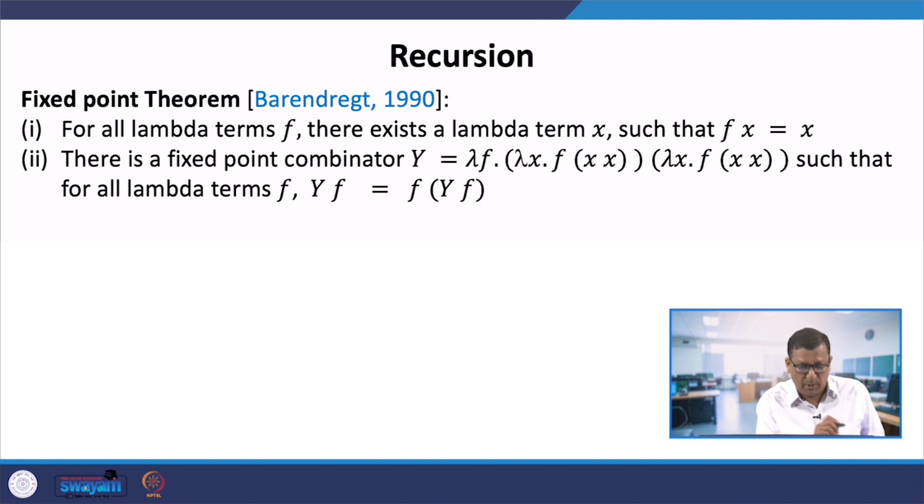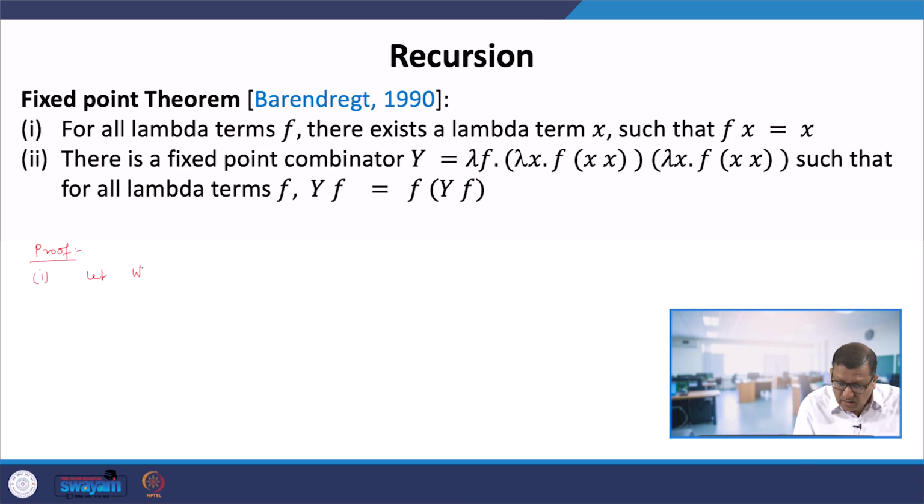That is part 1. Part 2: there is a fixed point combinator Y equal to lambda f dot (lambda x dot f x x)(lambda x dot f x x), such that for all lambda terms f, Y f is equal to f Y f. This is what we have to show. So for part 1 and part 2 we are going to do the proof.